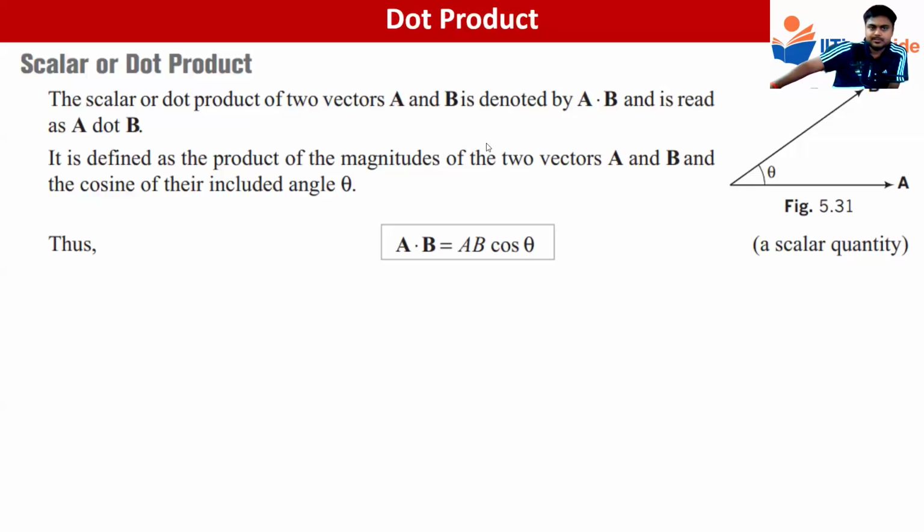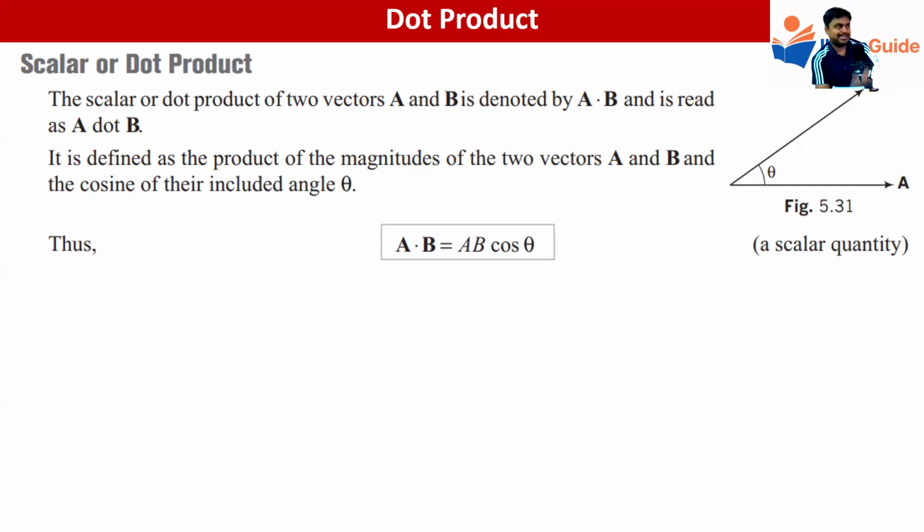Dot product of vectors. So addition done, subtraction done, now multiplication. There are two types of multiplication which can happen. The first one is scalar or dot product. As the name suggests, the scalar or dot product will have output as a scalar.